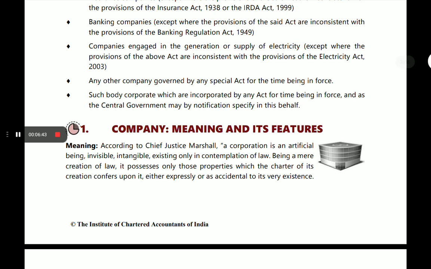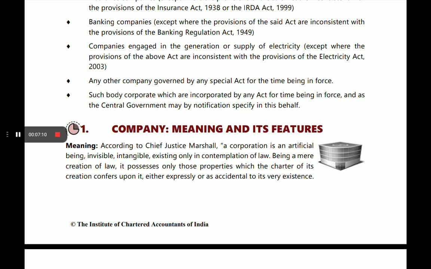Company: meaning and its features. Meaning: according to Chief Justice Marshall, a corporation is an artificial being, invisible, intangible, existing only in contemplation of law, being a mere creation of law.